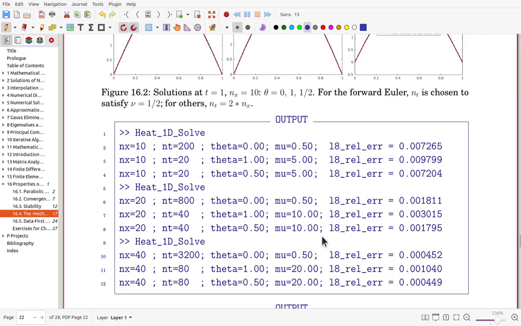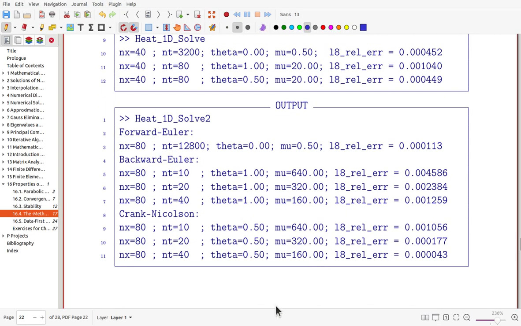To check the accuracy, now I changed the program slightly, and then I computed in this way. Now we keep the number of points in the spatial direction the same, 8 points, so that the error is coming from order delta t, which is 1 or 2, plus order delta x squared.